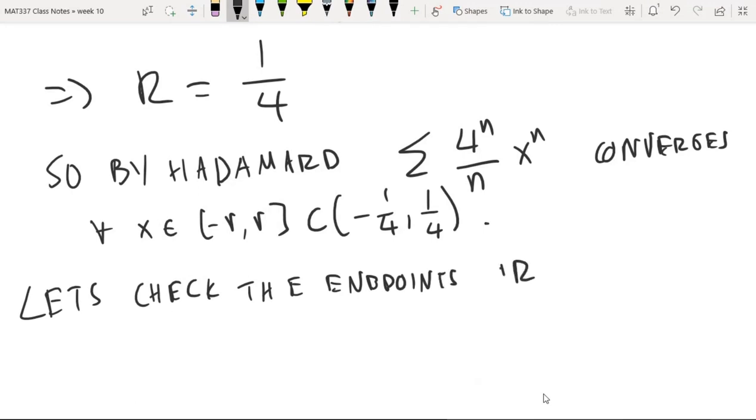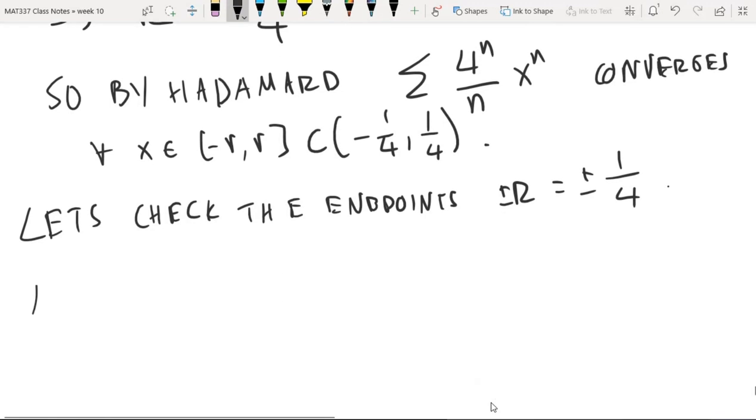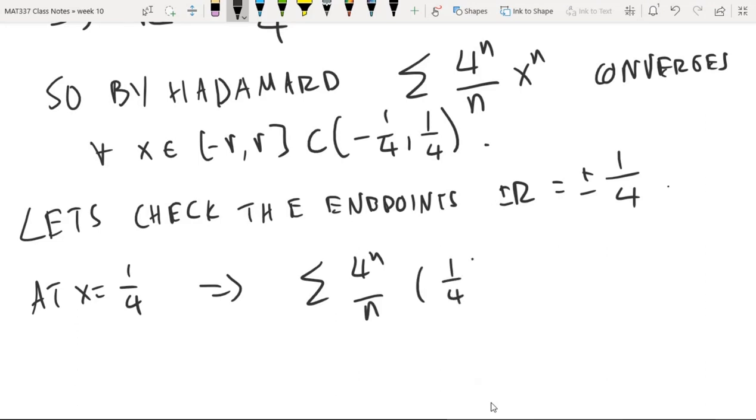R equals plus or minus 1/4. Let's see. At x equal to 1/4, we get 4^n times (1/4)^n, so you get 1/n.